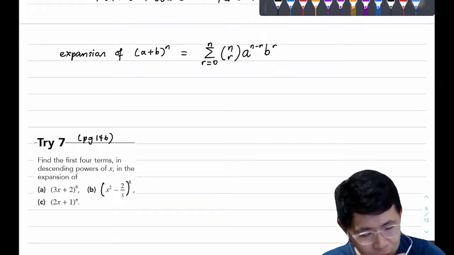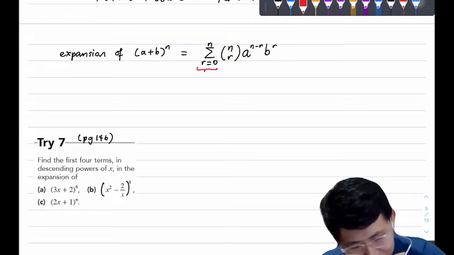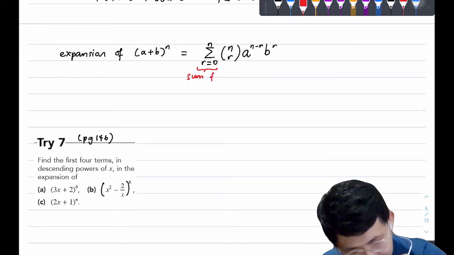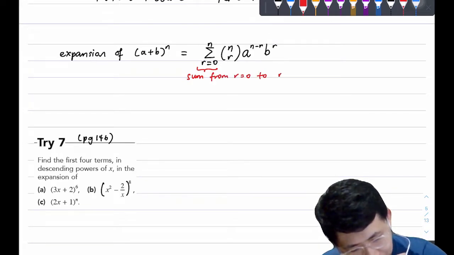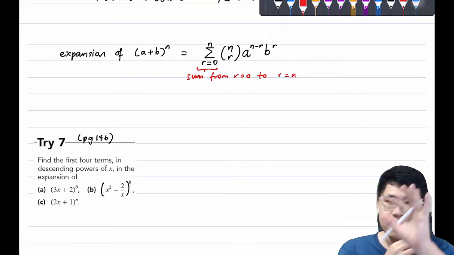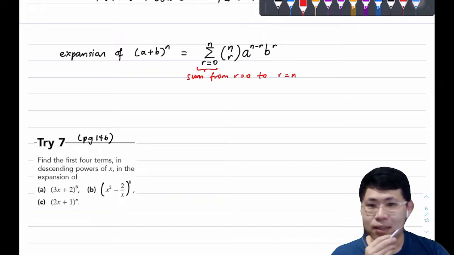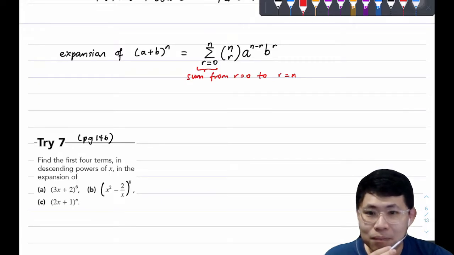What we are doing here is just the sum of this term from r equals 0 to r equals n. So when you expand, it is a summation of all these terms.